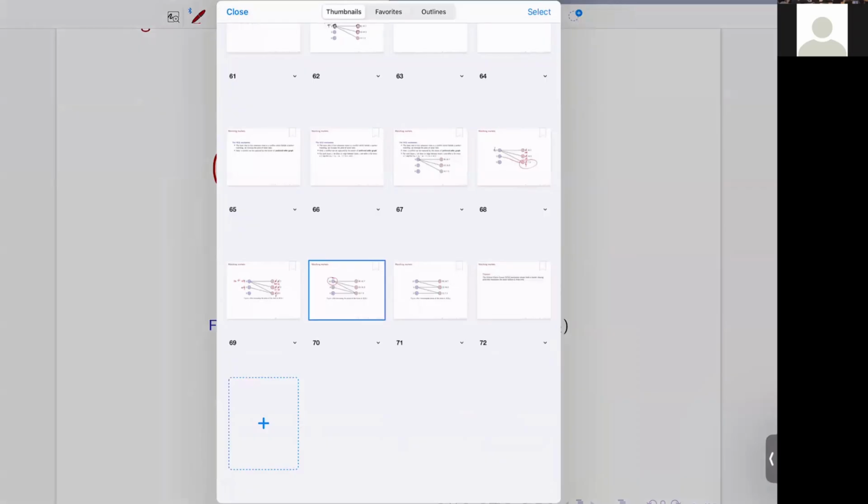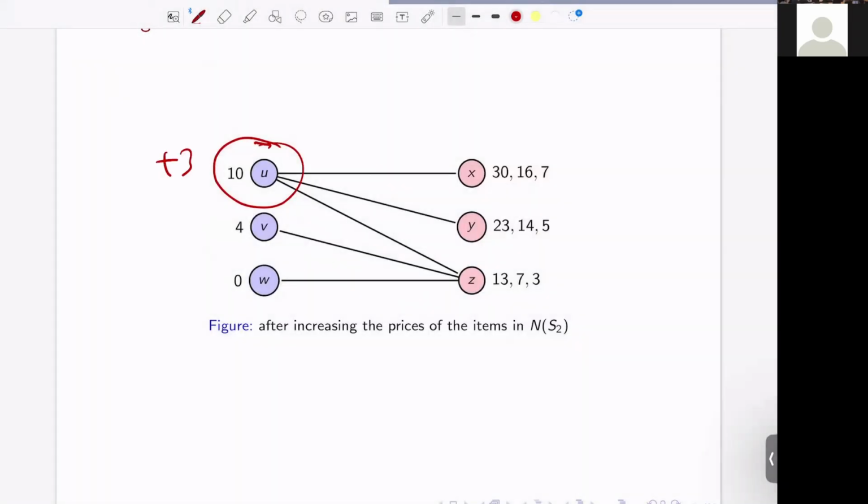So I increase the price by 3, and now the price becomes 13. Then if you compute the valuation, it's 17 and 10, 10, 3, 3. This is, I think, 12.